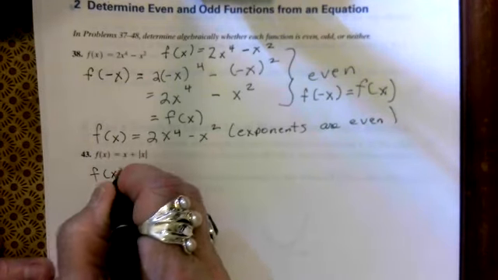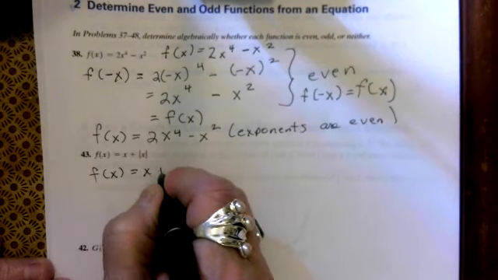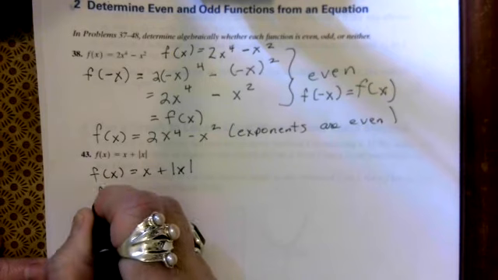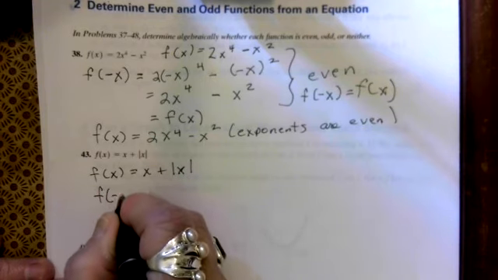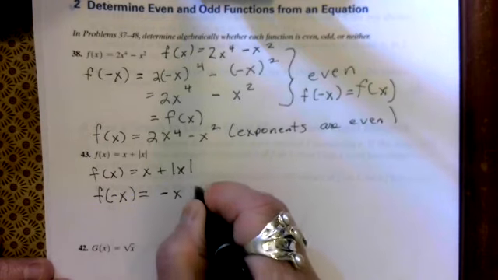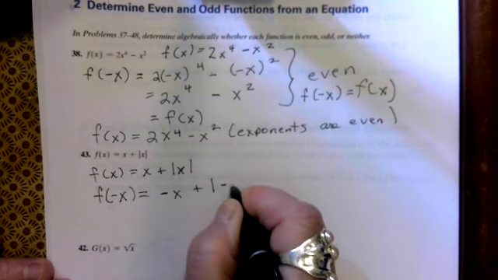So let's look at this next example. This is f of x equals x plus absolute value of x. So what we want to do is we want to substitute in a negative x. So everywhere we have an x, we're going to put in a negative x.